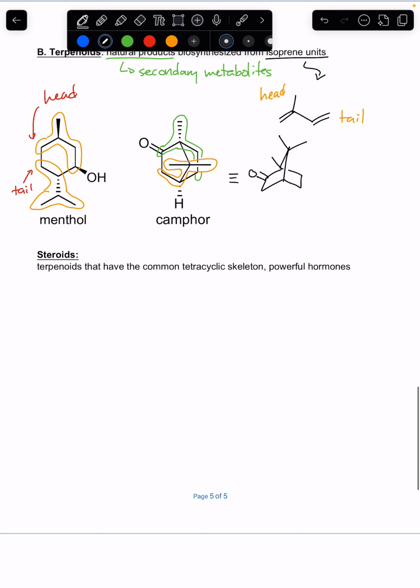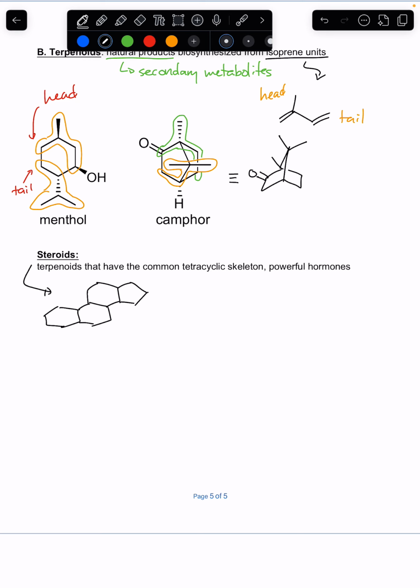Speaking of terpenoids, steroids are an example of terpenoids, and you might have heard of them because we actually make these natural products. They're usually hormones. Okay, and you can tell that something is a steroid because they all share this common tetracyclic structure. And yes, I want you to be able to recognize the steroid skeleton like this.